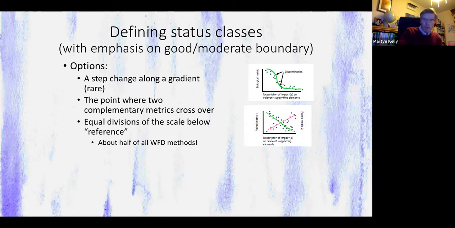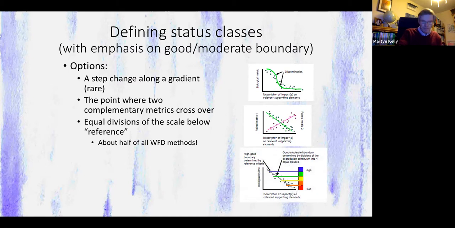And then pretty much as a last resort, this early document proposed simply dividing the scale below reference into equally sized slices. As I said, that was not the recommended method early on. It was treated as a last resort, but somewhat alarmingly, about half of all Water Framework Directive methods seem to be using this now.